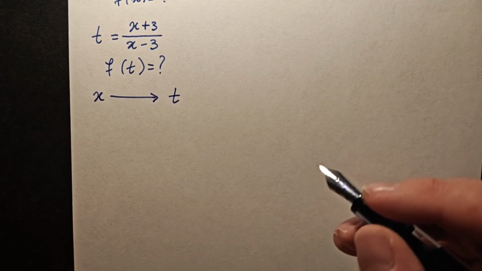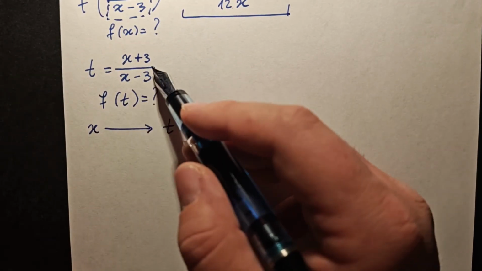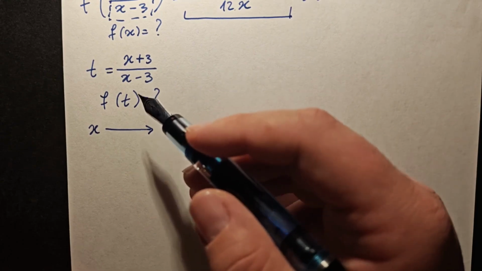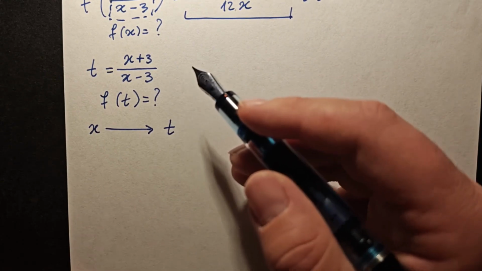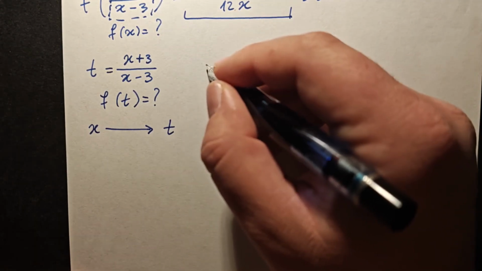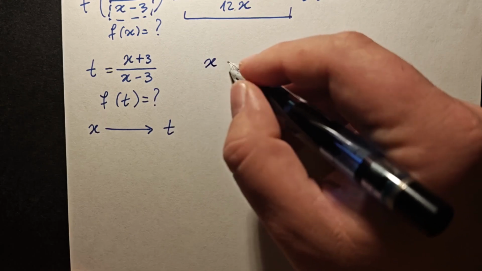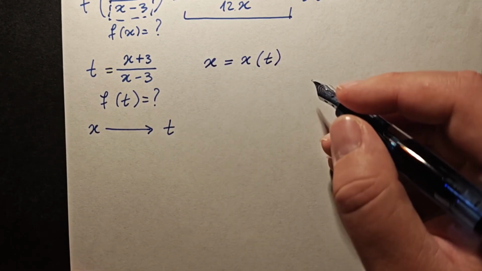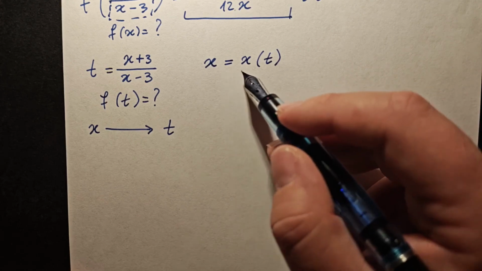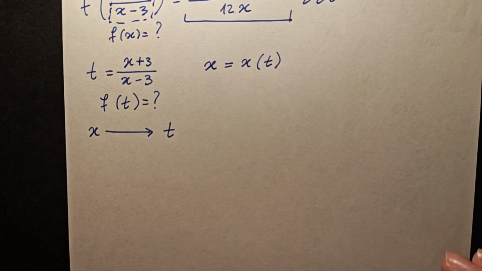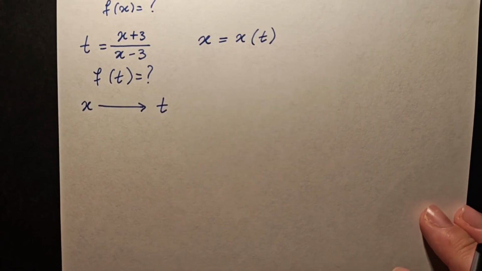We have our substitution, t is (x plus 3) divided by (x minus 3), and from here we are going to isolate x. Thus we are going to find the connection from variable x in respect of variable t. So we are looking for x in terms of t. This is going to be simply done with some algebra.